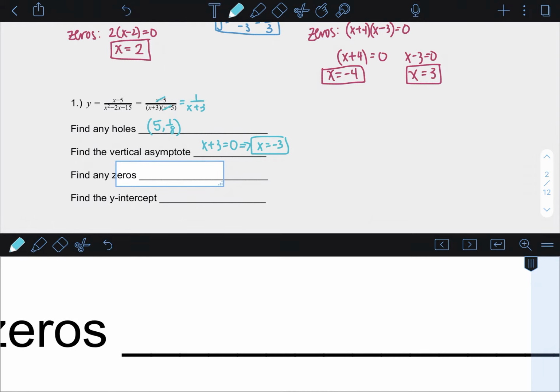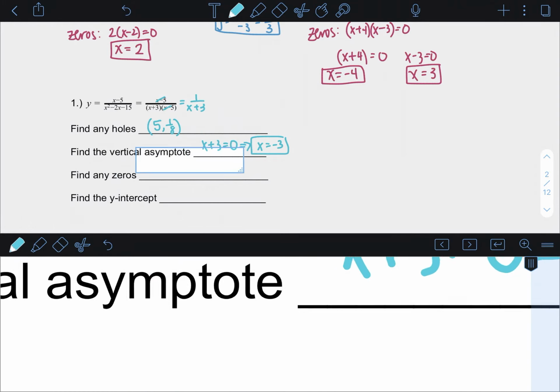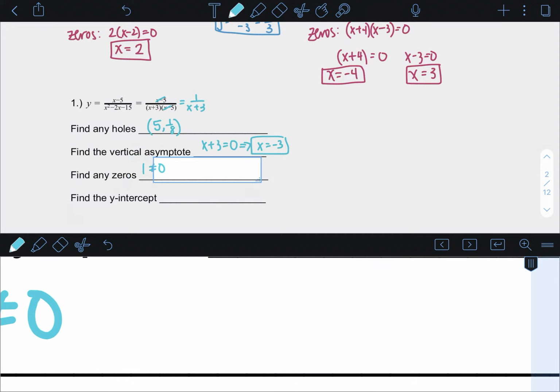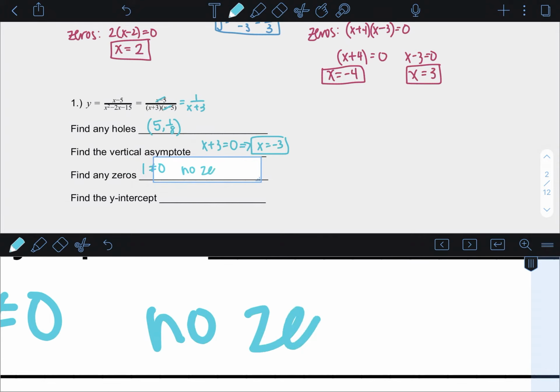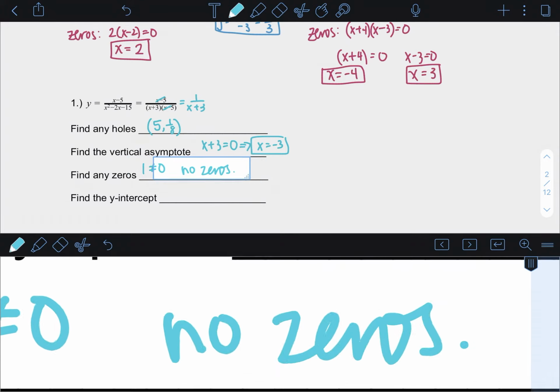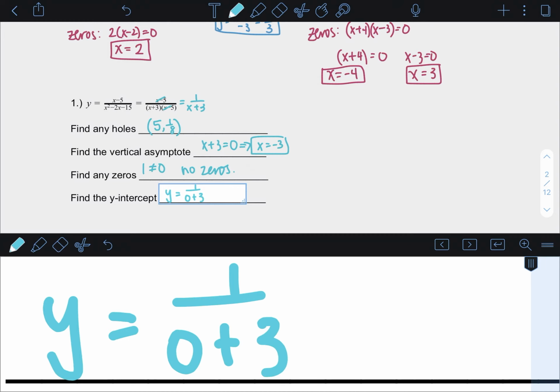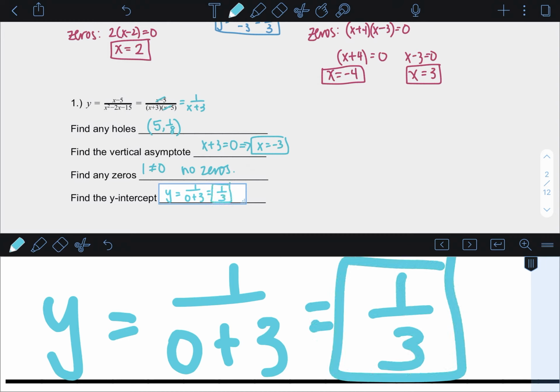The zeros is when you take the numerator and set it equal to 0, but in this case, we can't do that because we don't have any x up at the top. So this means we have no zeros in this case. And finally, the y-intercept, we are going to plug in 0 for that 1x that we have there, and we get 1/3 as our one and only y-intercept.